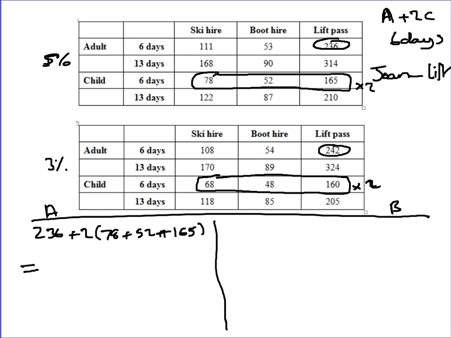So once we've got that, that gives us £826. Now this first shop is going to give us 5% off, so 5% of that is divide it by 10 and divide it by 2 again, so that will give you £41 and 30p off.